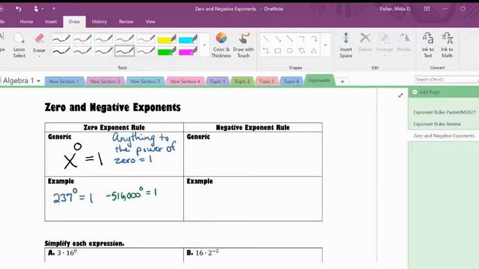When we talk about the negative exponent rule, the generic form says x to the negative a will equal 1 over x to the positive a. Some examples of this would be x to the negative 2 equals 1 over x squared.